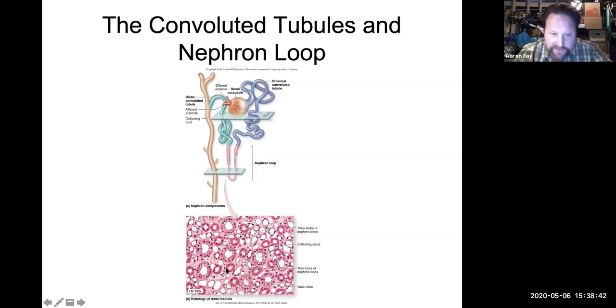The really big circles are going to be collecting ducts, draining filtrate out of the kidney. You're going to see two different kinds of ascending and descending loops. We'll get to that in a second. And you're also going to find the very thinnest, smallest structures are going to be capillaries of the vasa recta.